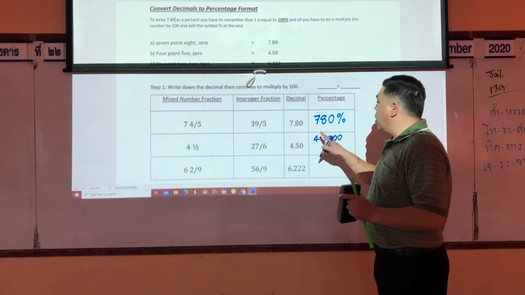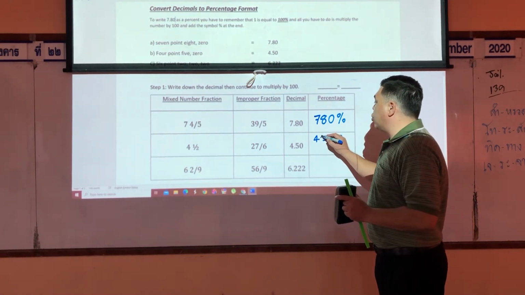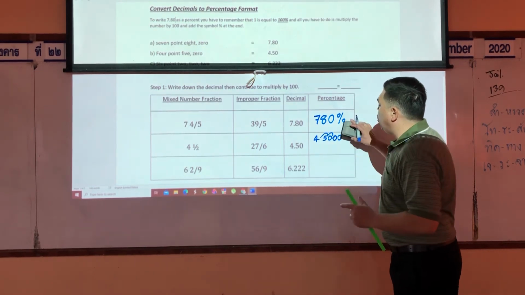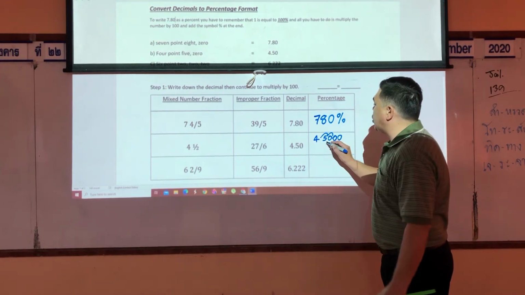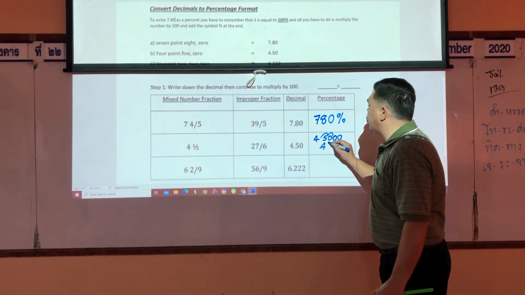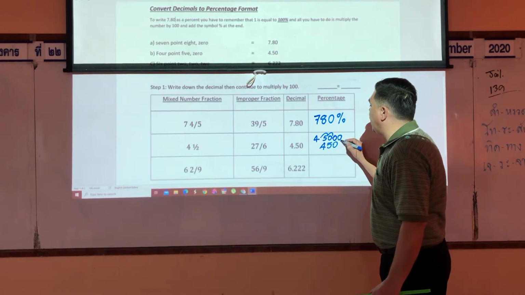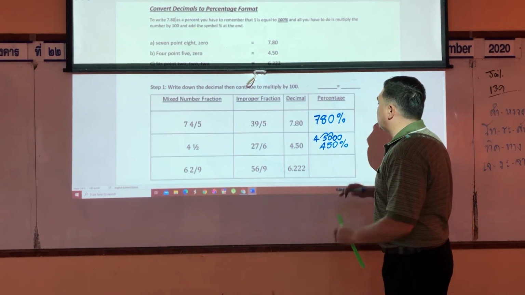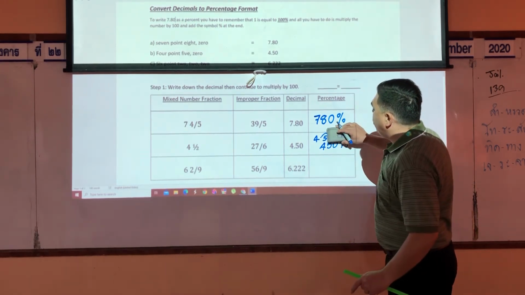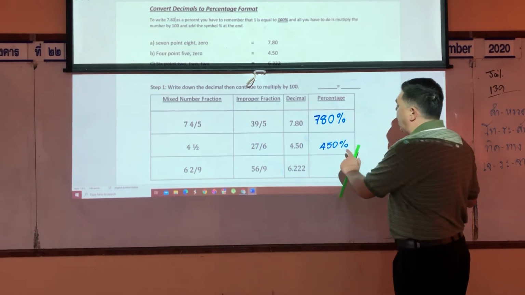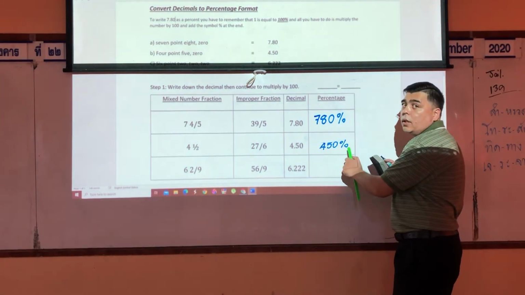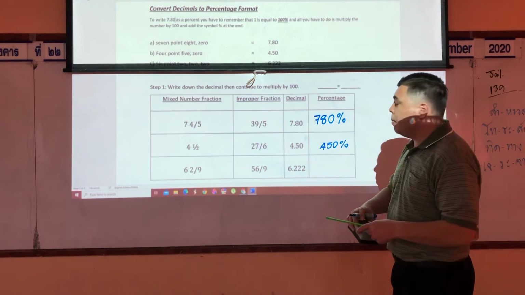But in this case, we are just going to jump two spaces, which would then give us our answer of 450%. Again, remember guys, you must add the symbol percent at the end.